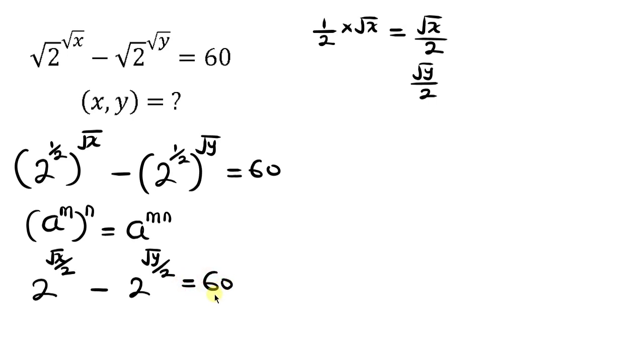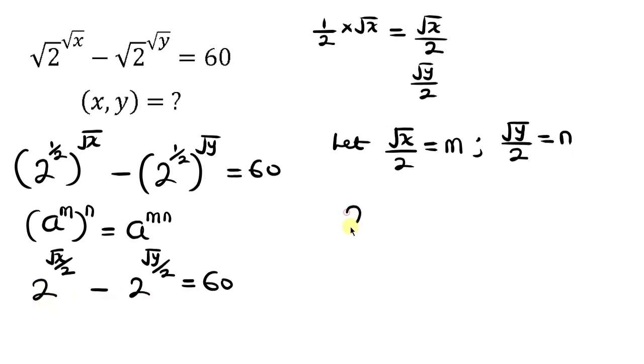Now, our next step will be for us to introduce substitution. Let the square root of x over 2 be equal to m, and let the square root of y over 2 be equal to n. In that case, this becomes 2 to the m minus 2 to the n equal to 60.